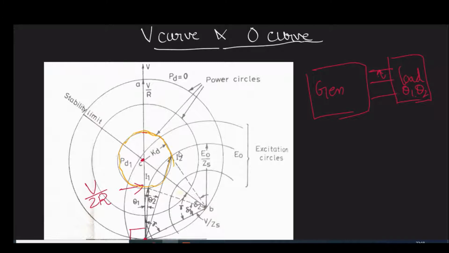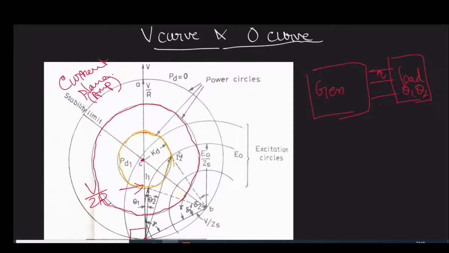These circles are drawn in the plane of current, in ampere, because current can have two different meanings. And all these concentric circles are equipower circles. On this circle, every point has equal power.